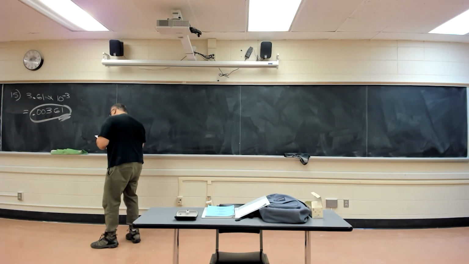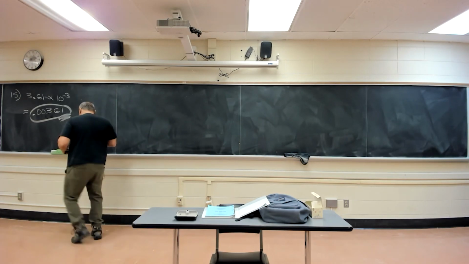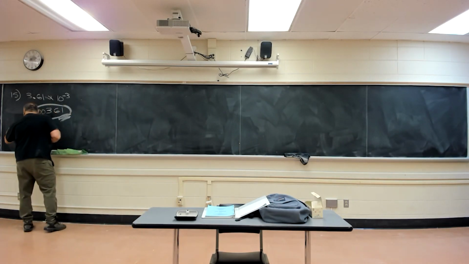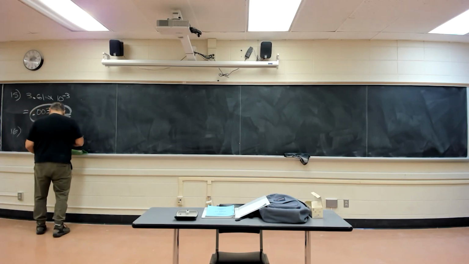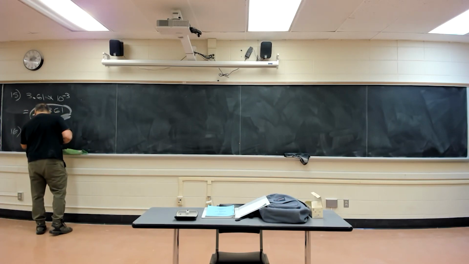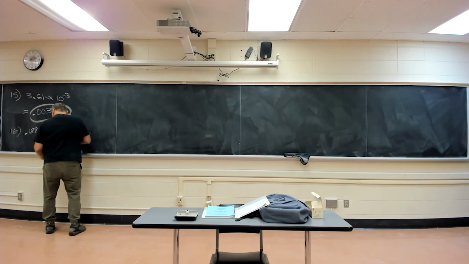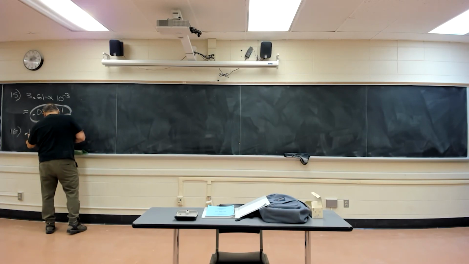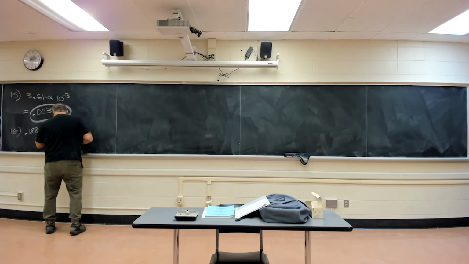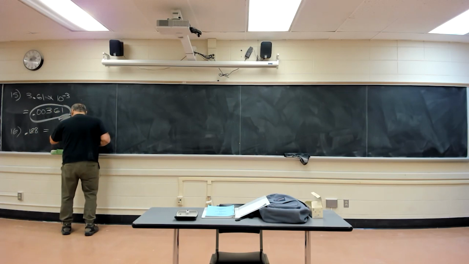Convert to scientific notation. So for 16, you're going the other direction here. Well, let me look at this thing. It's 0.188. Take a walk. It's got to be between 1 and 10. So I'm going to walk over 1, and I'm going to make it bigger by a factor of 10.